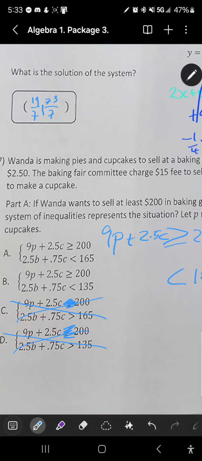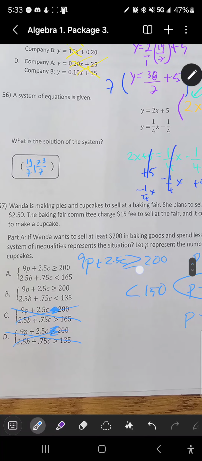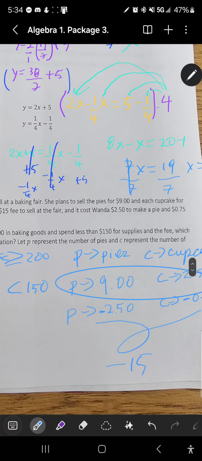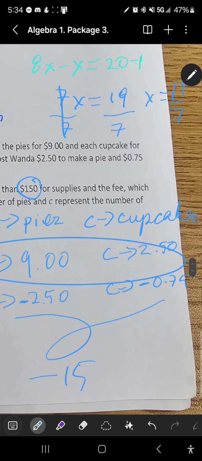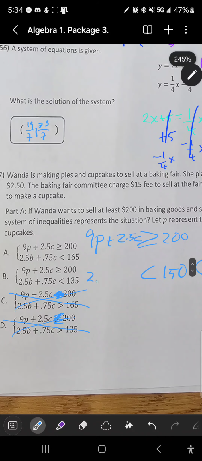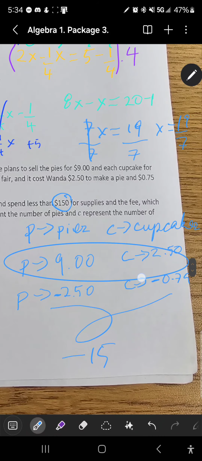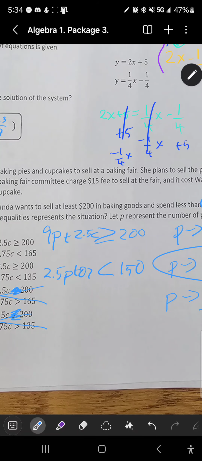Now, in this case, we're seeing something weird. Why? Because we're saying that we want to spend less than 150 for supplies and the fee. So we need to take the fee out of this 150. So this is the cost part: 2.5p plus 0.75c. Okay, let me just make it bigger.